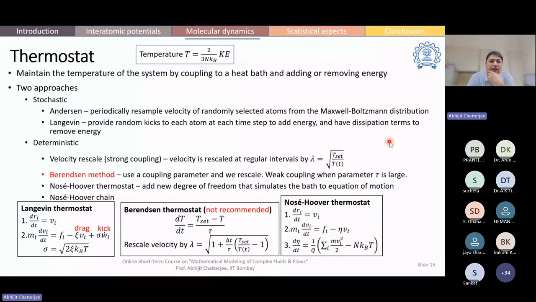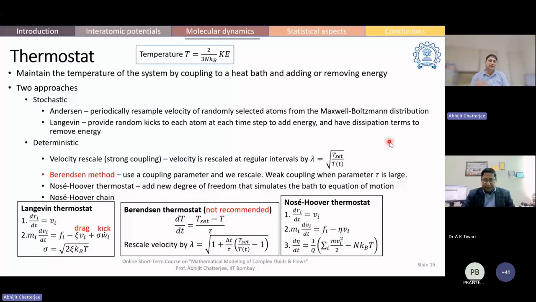So I'll move to the last part of this lecture, which is how we enforce a temperature or pressure in our system. So far, in the flavor of molecular dynamics simulation I talked about, the energy is fixed, right? And the volume is fixed.